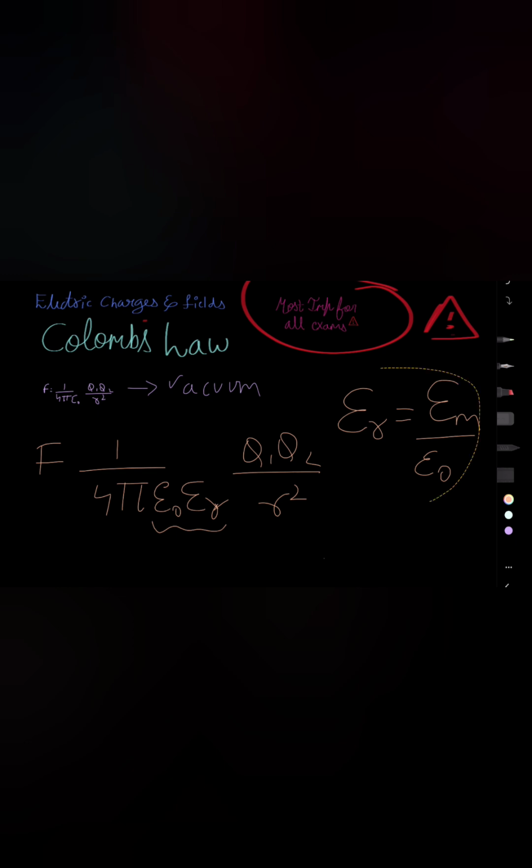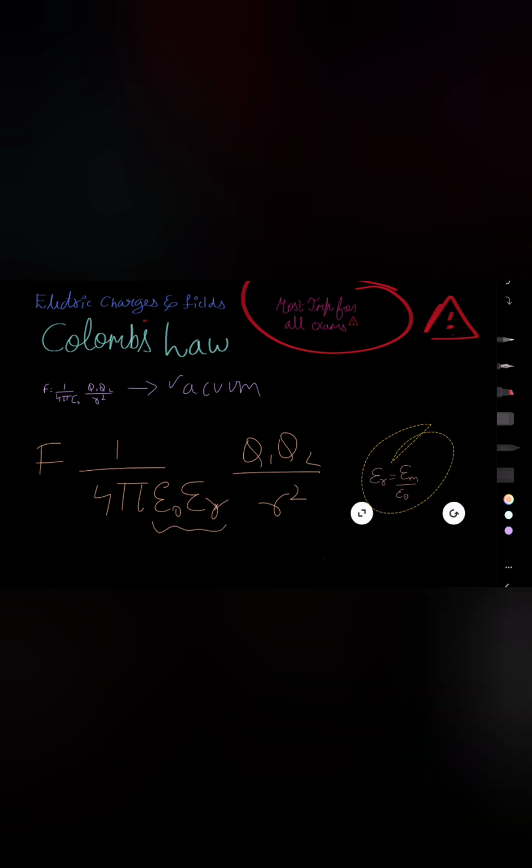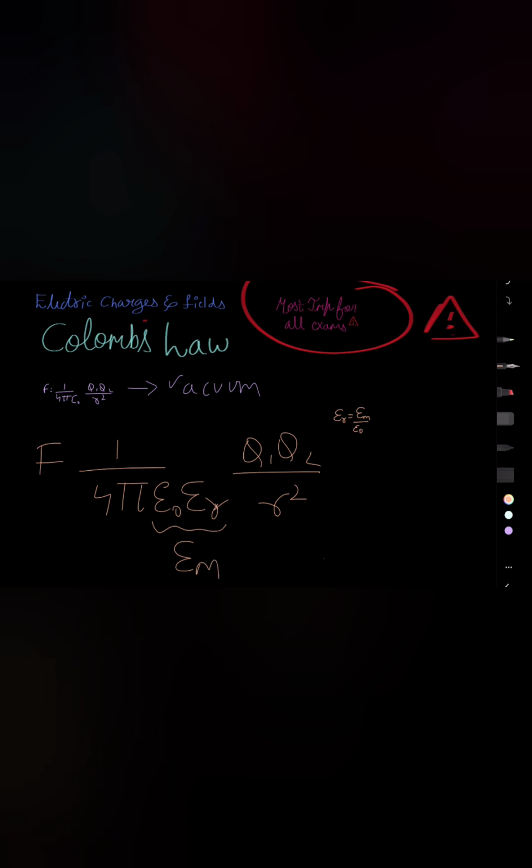This is how it is calculated. But here epsilon naught into epsilon r is taken because this is nothing but the permittivity of the medium itself.